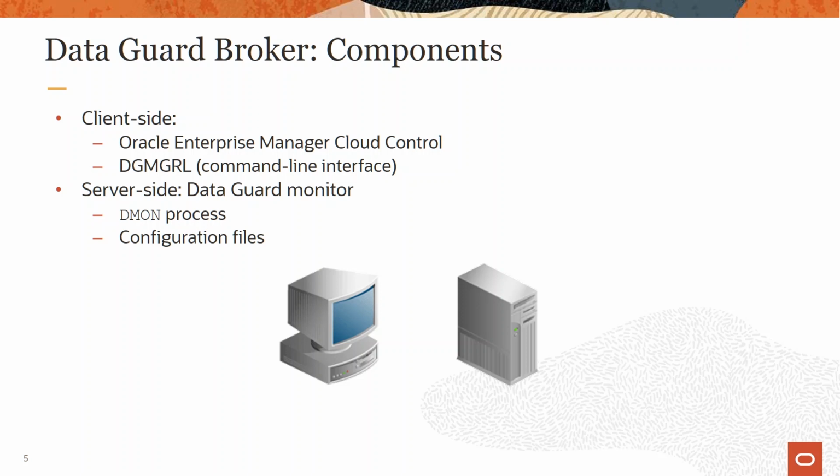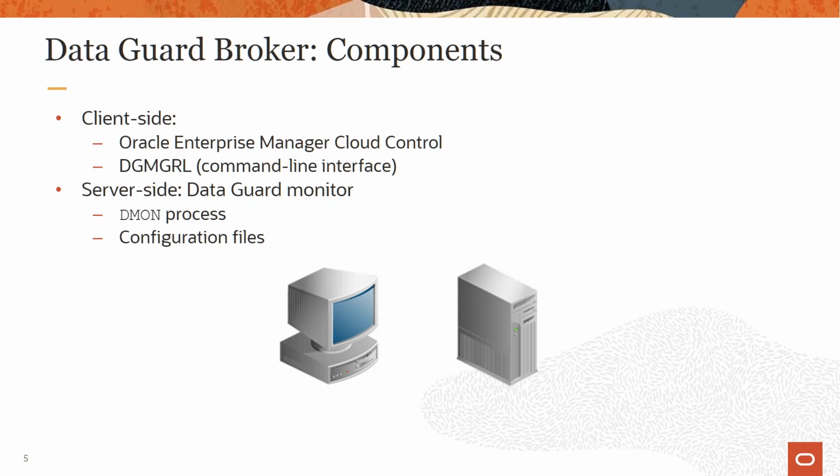And also in the server side, there's a DMON process. This DMON process communicate each other. So you will have a DMON process running out of a primary and DMON process running out of a standby databases. And also DMON process uses configuration file to manage Data Guard configuration. So DMON process is a core process that must be running to use a Data Guard Broker management framework.